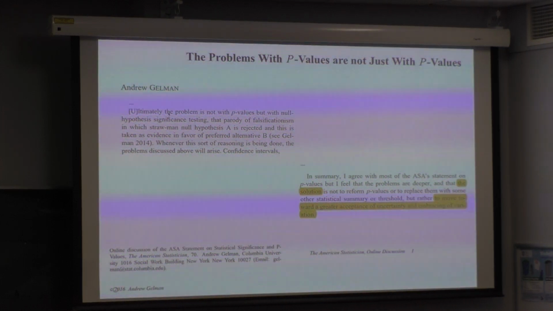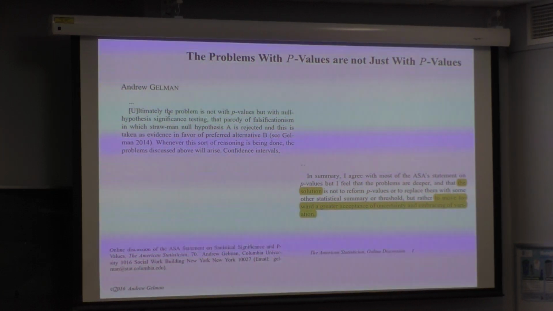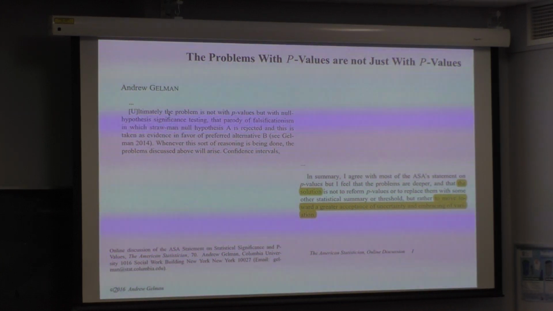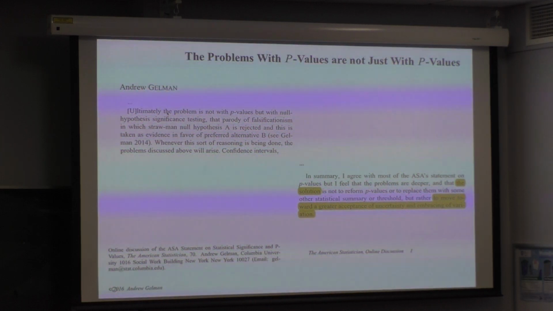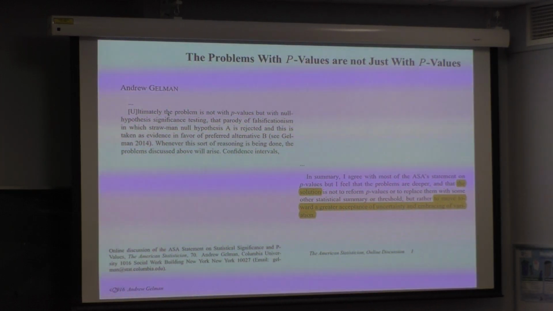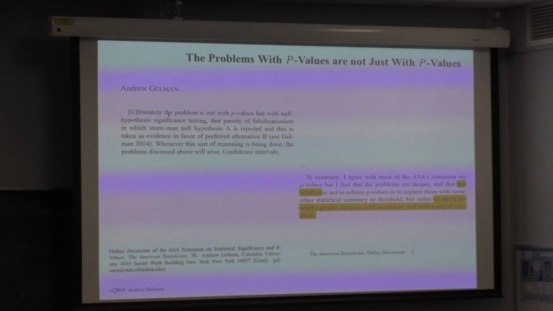One value, p-value, 0.05, 0.01. It's just not enough to summarize what you know about the data. You need to give a better description of the uncertainty about what you want to describe. And hence, again, using probability distributions, right? So we will go back to that.